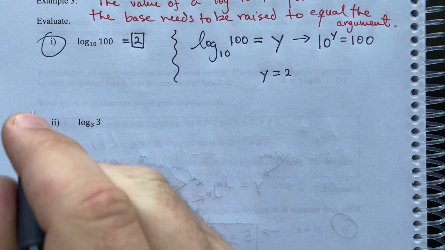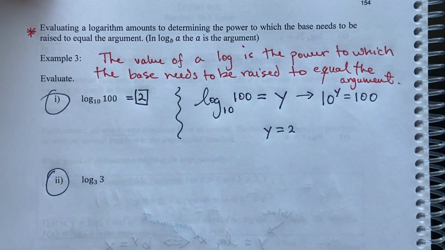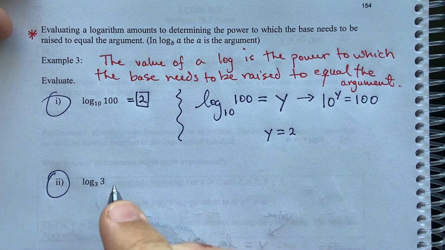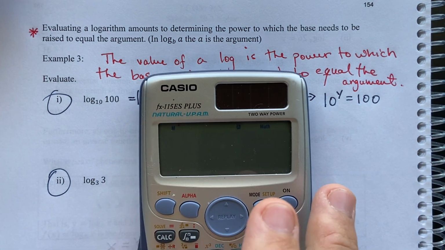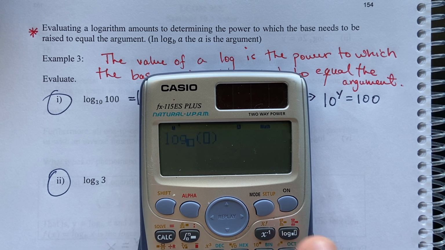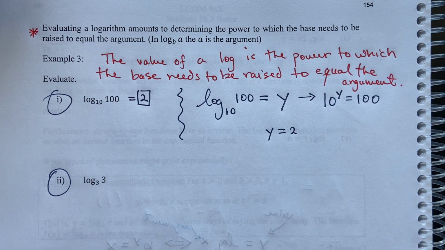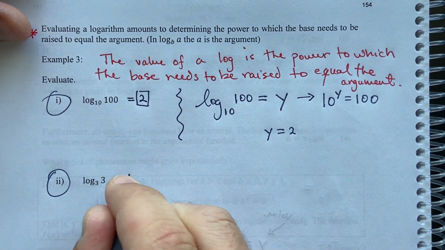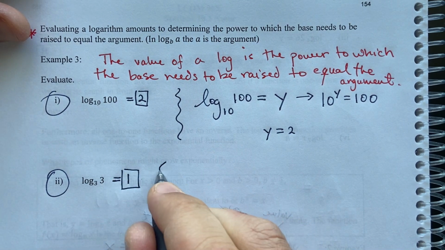Let's try another one. Log base 3 of 3, again, don't forget about the existence of calculators. Log base 3 of 3, this apparently is the number 1, but let me explain why.